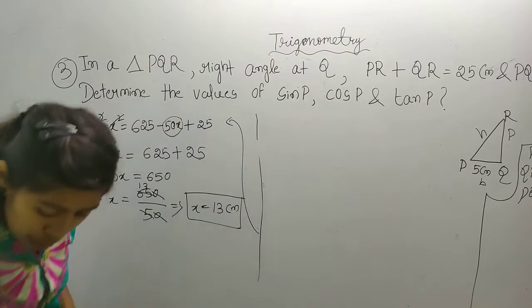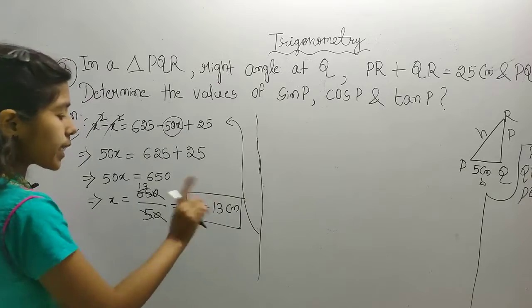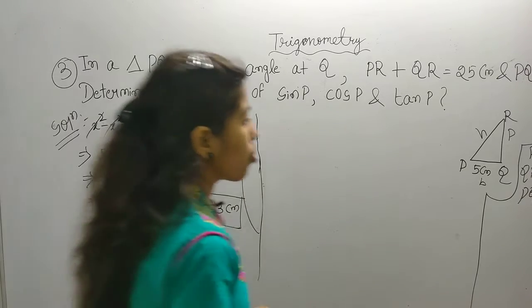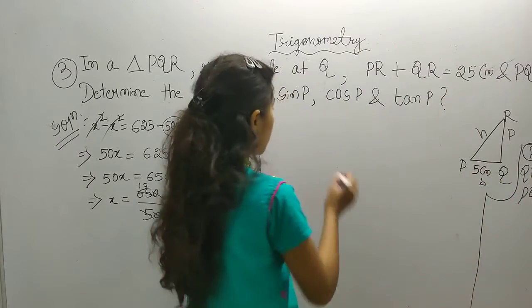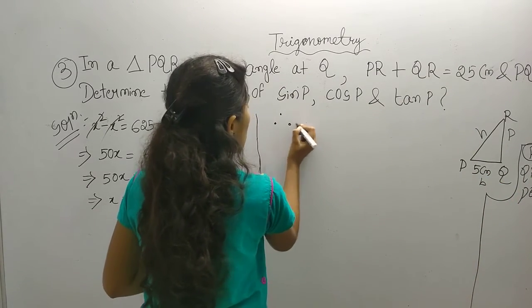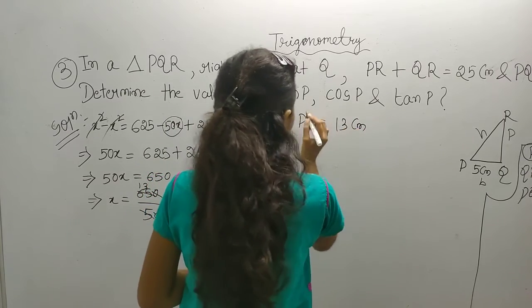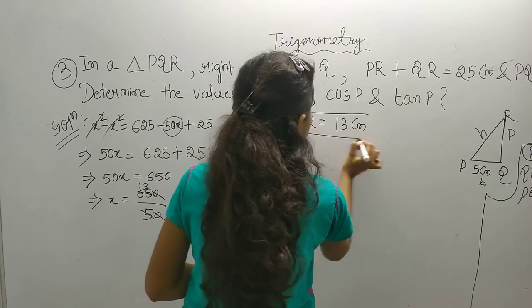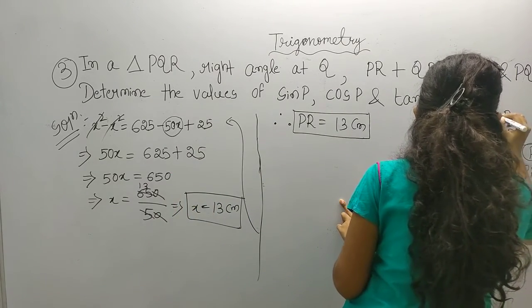So now you see here, x equals to 13 cm. We have taken PR equals to x, therefore PR equals to 13 cm. You can write in the triangle that PR is 13 cm.